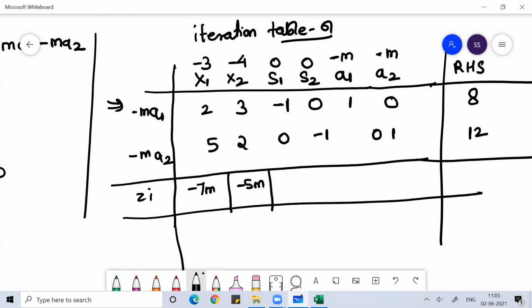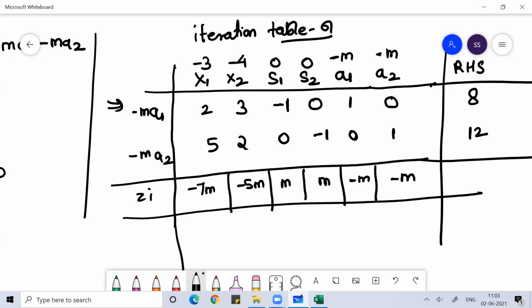Then this would be M, minus 1 into minus M is M. Then 0, then minus M into 1, minus M.